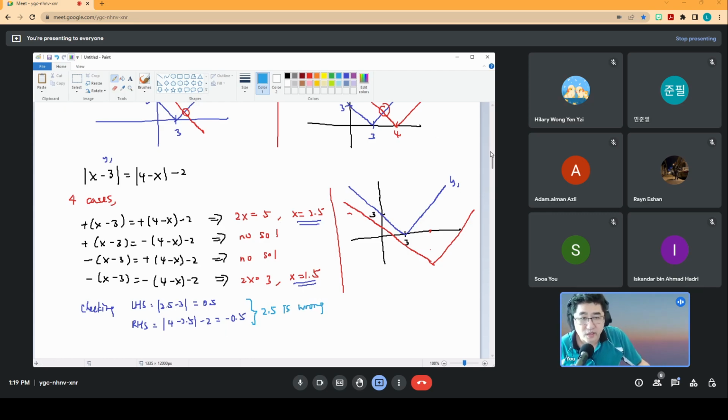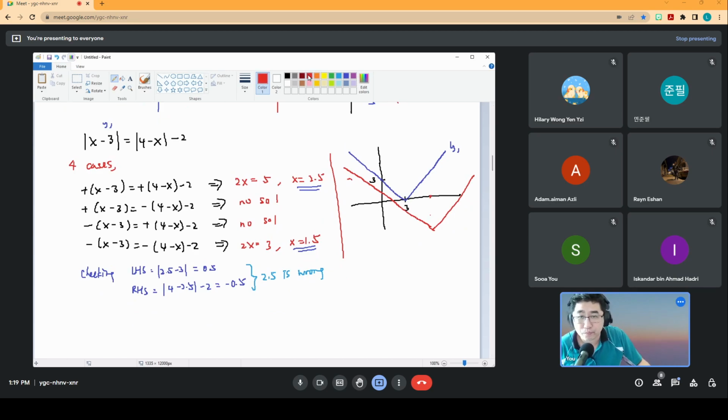If we do a second checking of 1.5, left hand side equals modulus of 1.5 minus 3 equals 1.5. But the right hand side, you have 4 minus 1.5 minus 2, so you have 2.5 minus 2, this is 0.5.